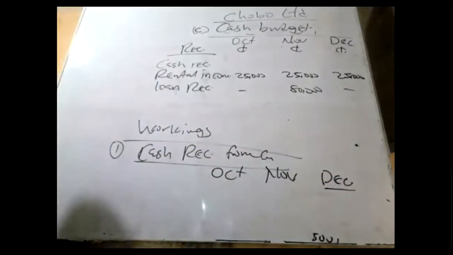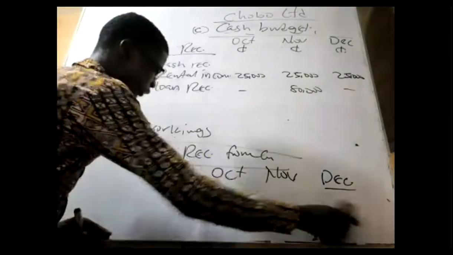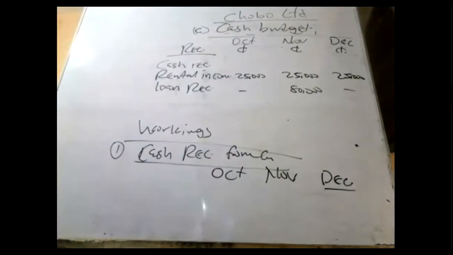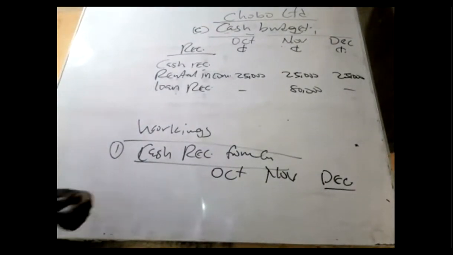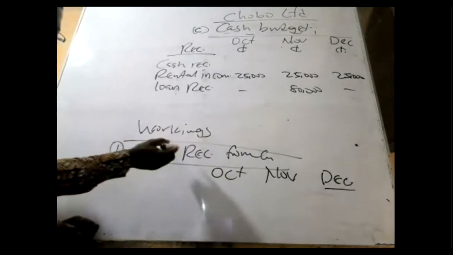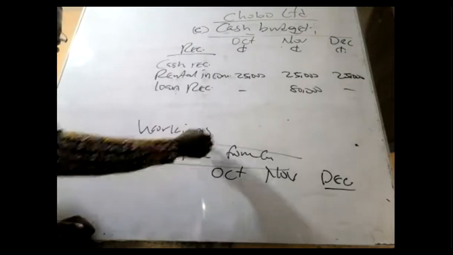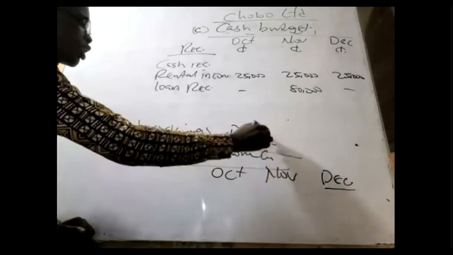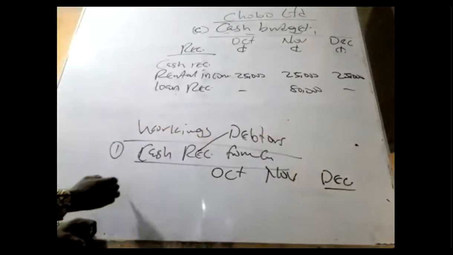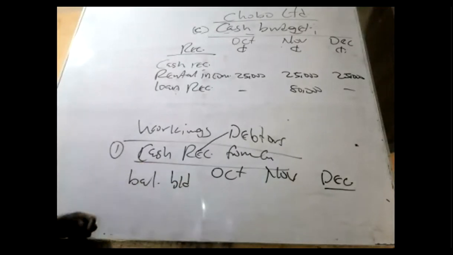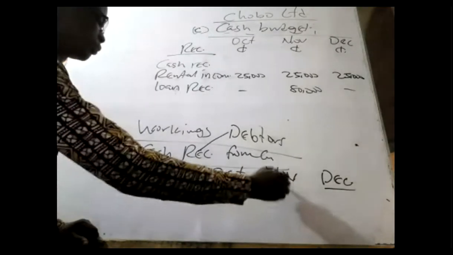Now, for those of you that did cash flow, IAS before, it is the same over there. Anytime you're looking for something received or something paid, relax, tell the examiner I need to know that item. Cash received is in connection with the debtors or receivables. So bring the debtors figure, the opening balance.